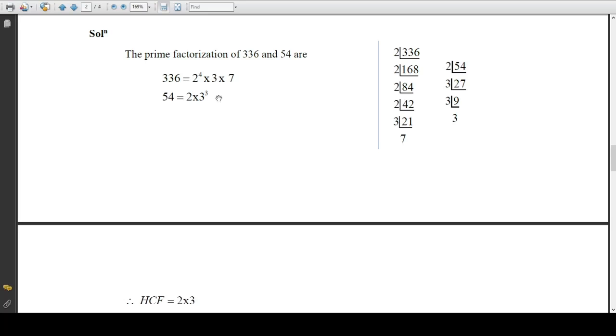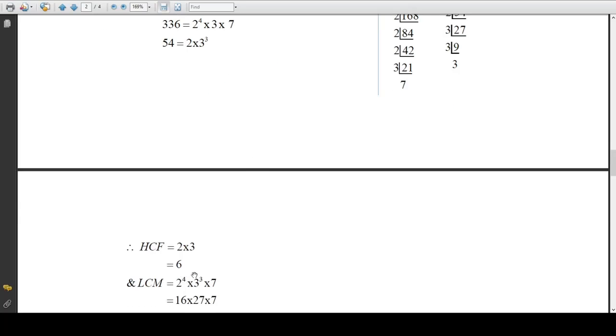Now with the highest power, what is the highest power of 2? It is 4. What is the highest power of 3? It is cubed. And for 7, the highest is 1 only. Okay, that means 2 power 4, 3 power 3 multiply 7. 2 power 4 is how much? 2, 2, 2, 2.